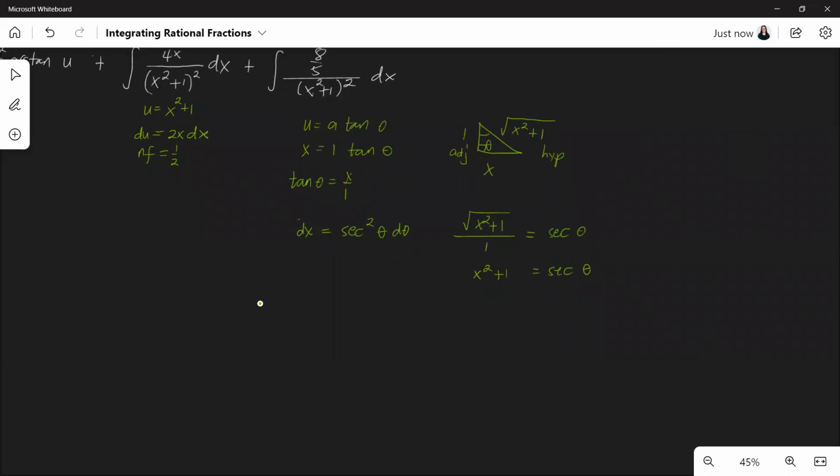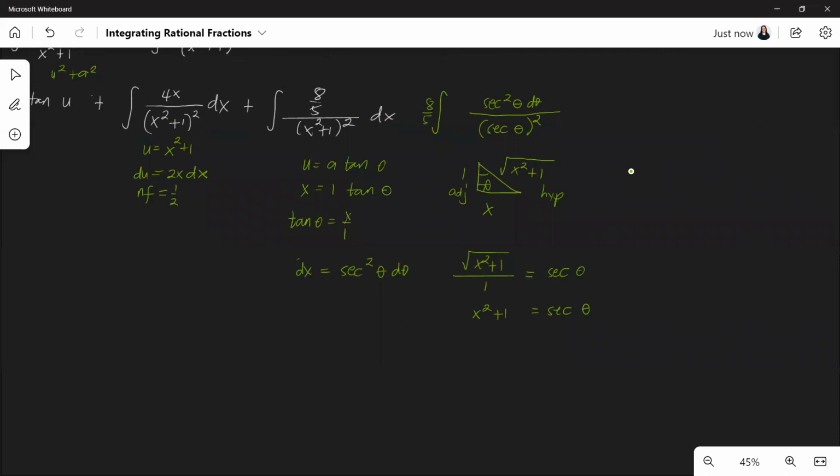So let me just write the transformation here. Just put the constant outside. So dx is secant squared theta d theta, and then over secant theta for the x squared plus 1 below, and you need to square it. Basically, it's just secant squared theta over secant squared theta.